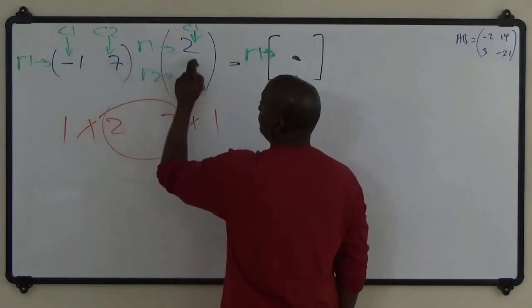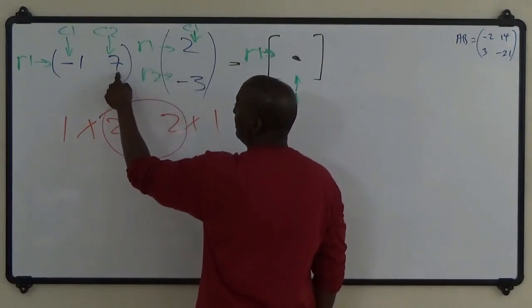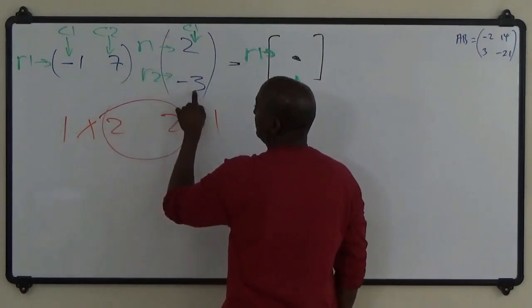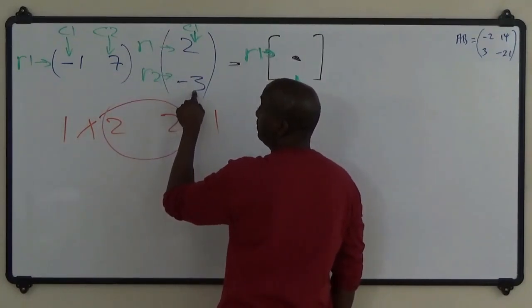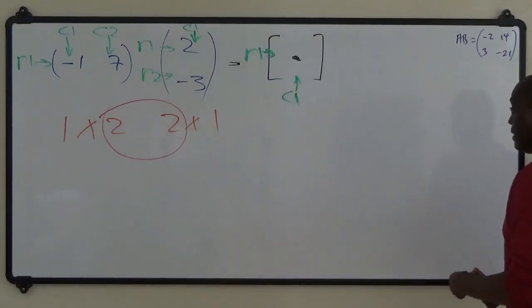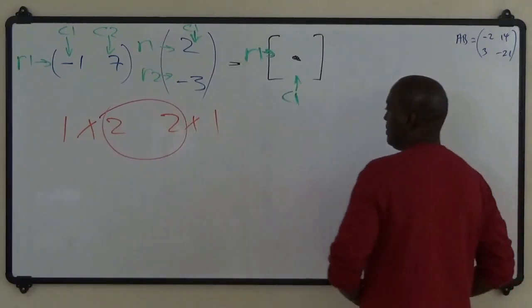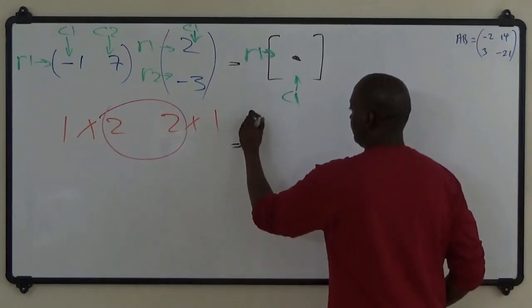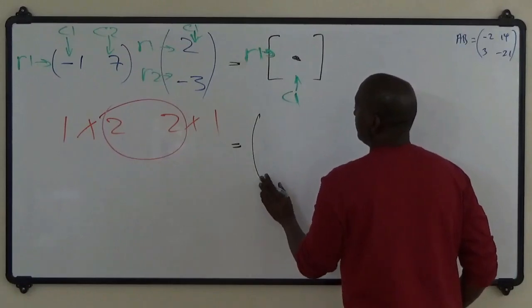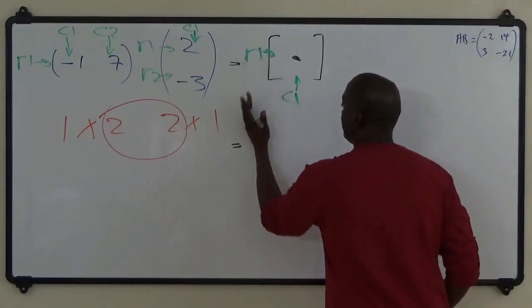So minus 1 by 2, and then you take the second element. The second element in row 1, multiply by the second element in column 1. And you add those two, and that's how we get the answer here. So in this case, what is it now? Remember it's a 1 by 1, right?